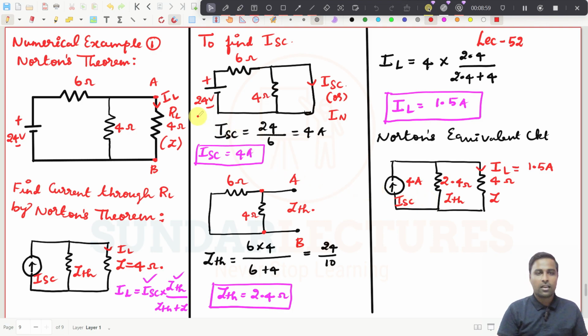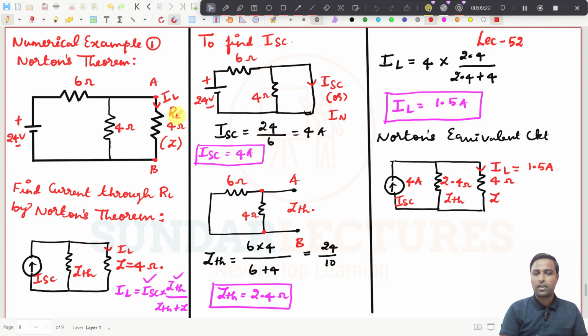One thing, if I change this resistance from 4 ohms to 6 ohms, what is the current IL? I need to find the current through this load resistance. If I change this from 4 to 6 ohms, how will you find it?